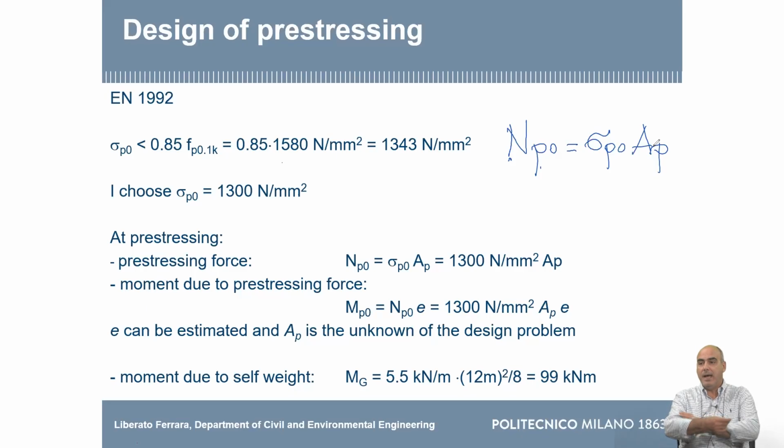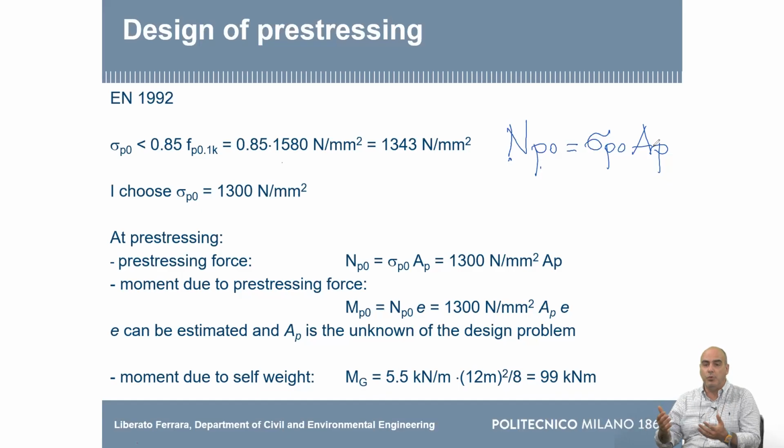The first one, we have some technological recommendations, I will say. In the code, it's stated that you cannot pre-stress at a stress higher than 85% of that equivalent yielding strength that we have defined before. You remember, we said is the stress to which the residual deformation at 0.1% does correspond. Well, that is understandable because you are applying a stress to your tendon.